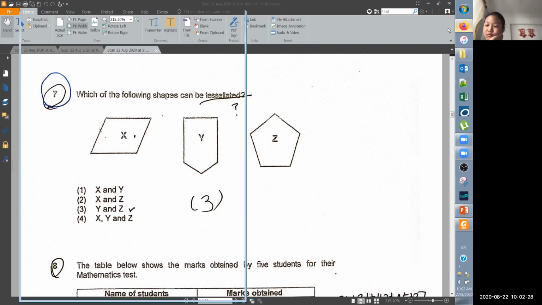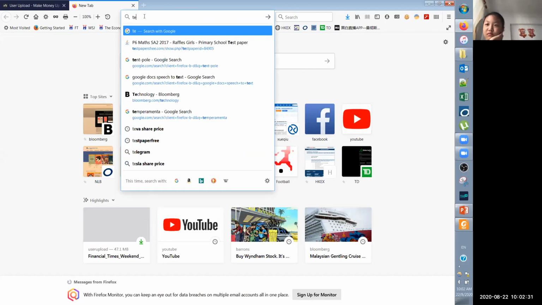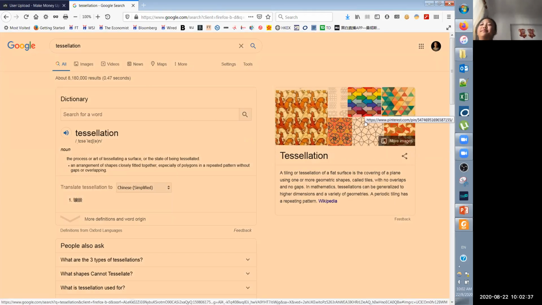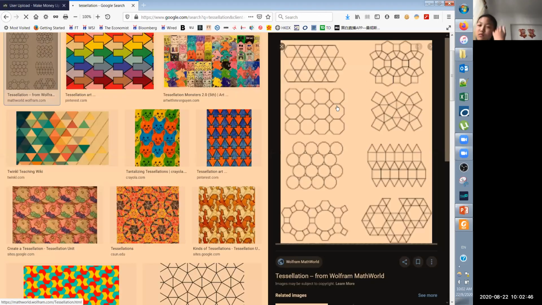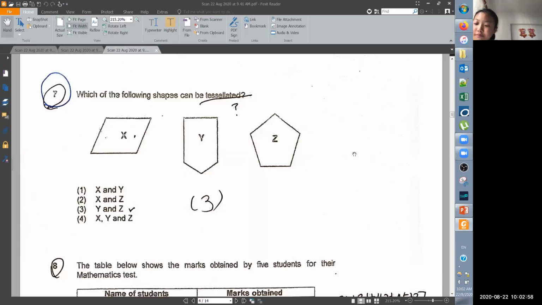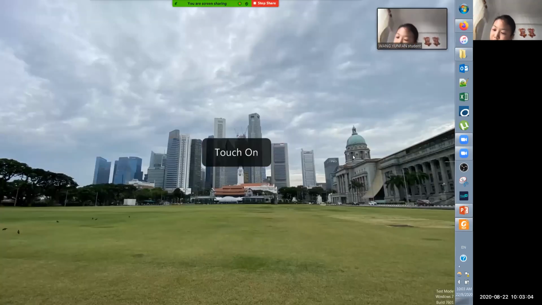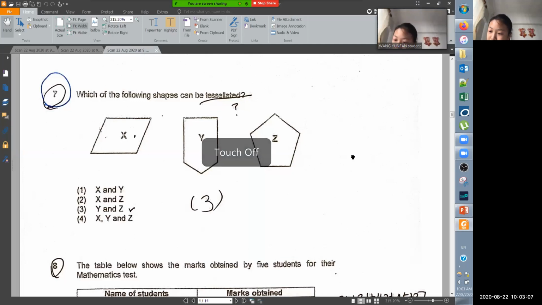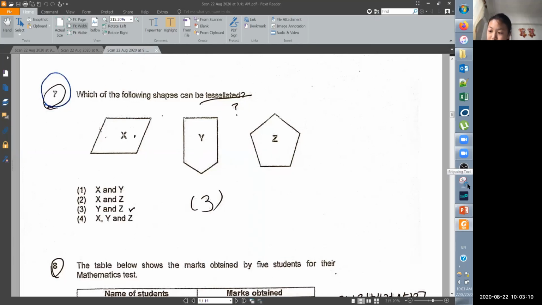Tessellation, 有没有学过 tessellation？没有。OK good。So tessellation 就是这种叫 tessellation。什么是 tessellation 呢？就是它们可以无缝的联合起来。OK，然后我拿我的 writing pad 我画出来了。Let me get my writing pad ready.